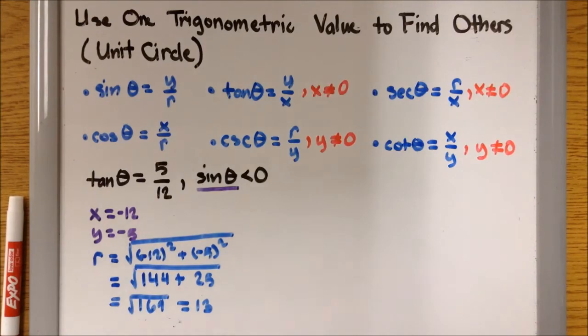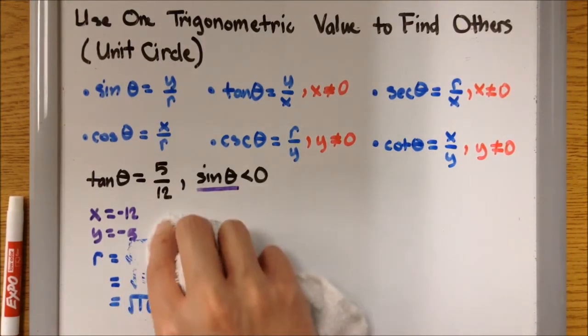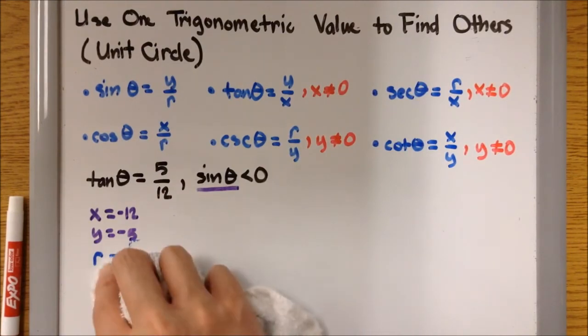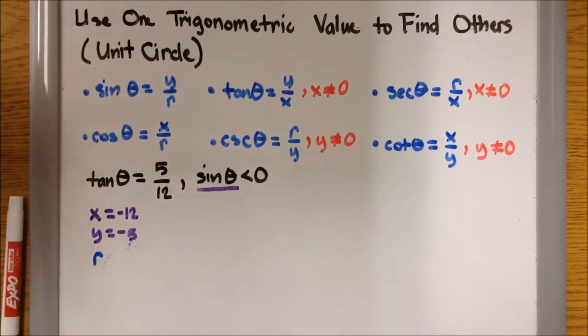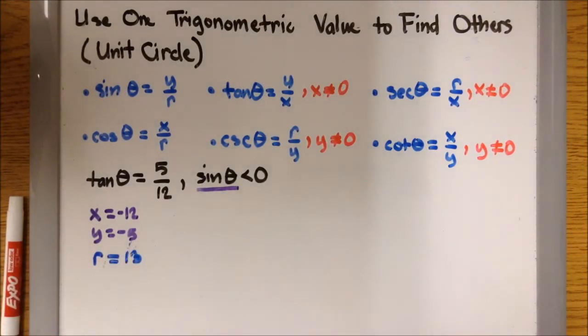So I'm going to make more room. Alright, so we got our true x value, we got our true y value, and we got our r value, which is 13.